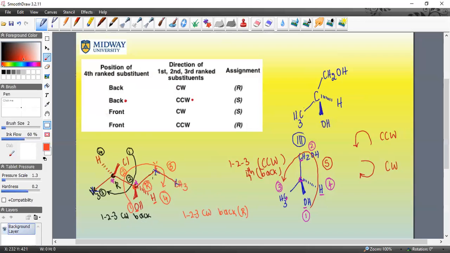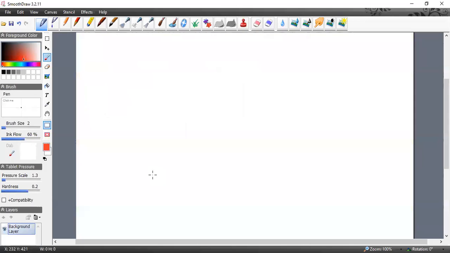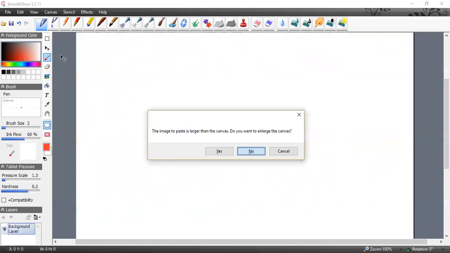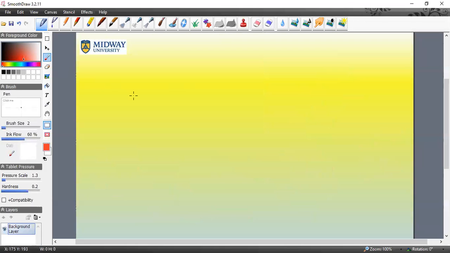Right? So if I were to delete this, okay, let me actually redraw that molecule because that's a very interesting molecule. Let's go get the blue color again.